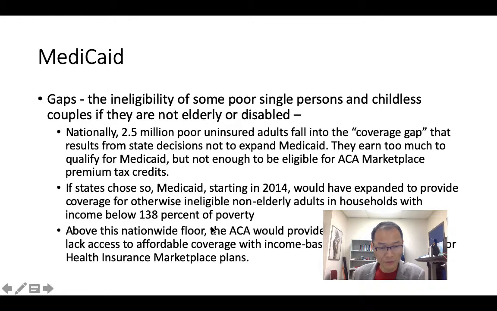For adults who are making more than 138% of the FPL, the ACA, Obamacare, will provide them with health insurance marketplace plans, so they can get some kind of subsidy for the most part if they buy a health insurance plan using the marketplace plans that are provided by the ACA.